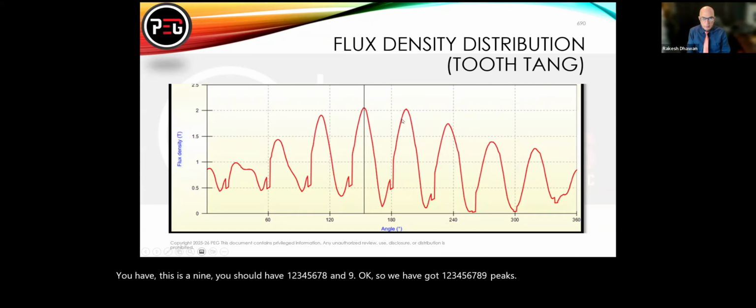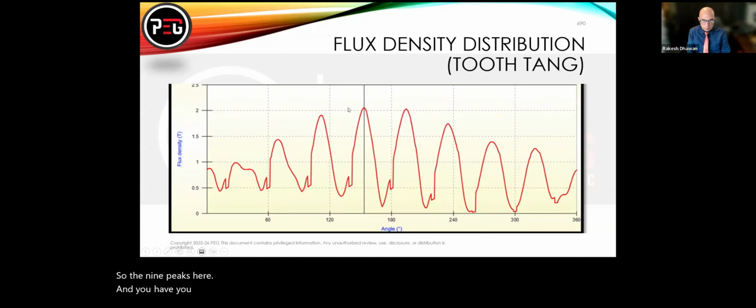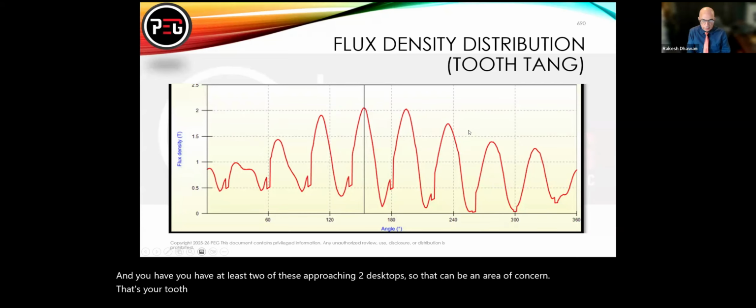So the 9 peaks here, and you have at least 2 of these approaching 2 Tesla. That can be an area of concern. That's your tooth tang, how they're responding.